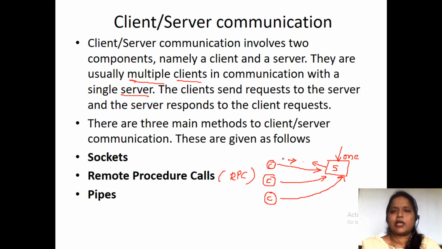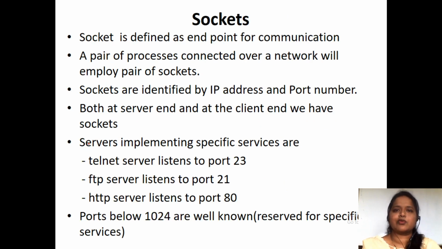In how many ways are we going to do this client-server communication? As I have said, in three different ways. The first thing we'll see is the socket. Sockets are the ones majorly used in client-server communication.